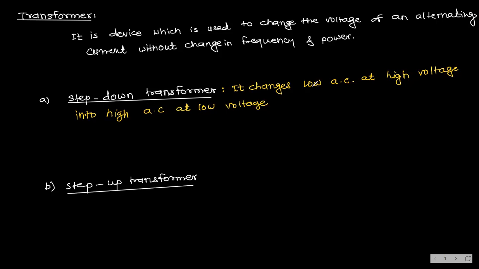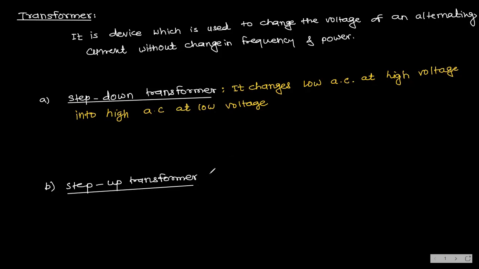Okay. Low alternating current, which is at high voltage, converting into high alternating current at low voltage. Low AC at high voltage, high AC at low voltage. Understand? This is what a step down transformer.